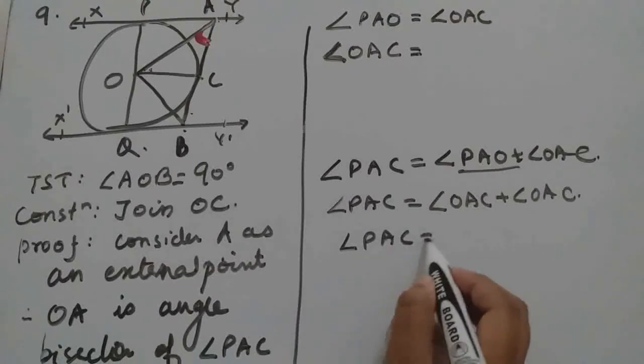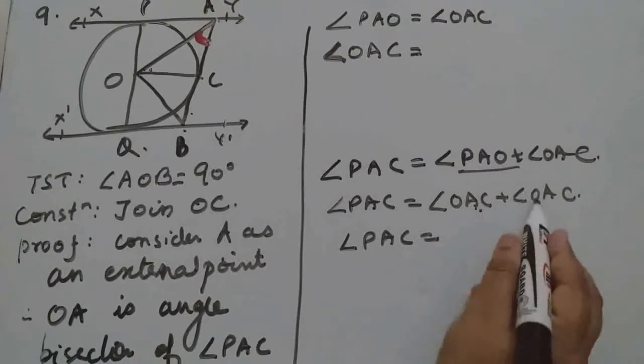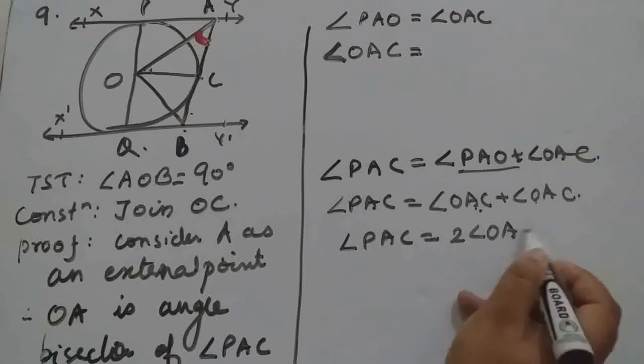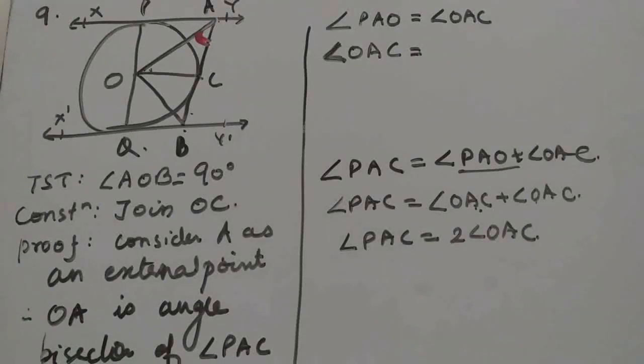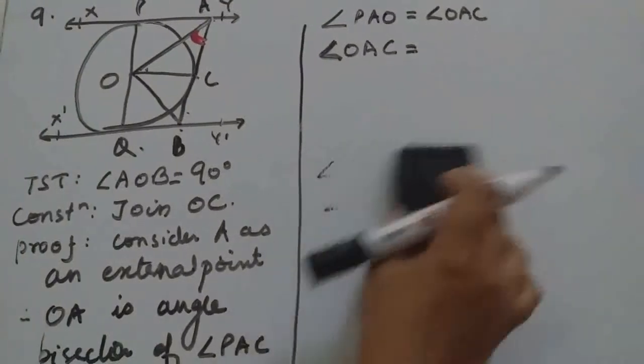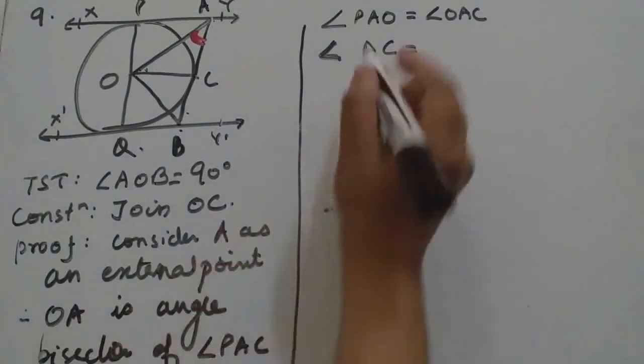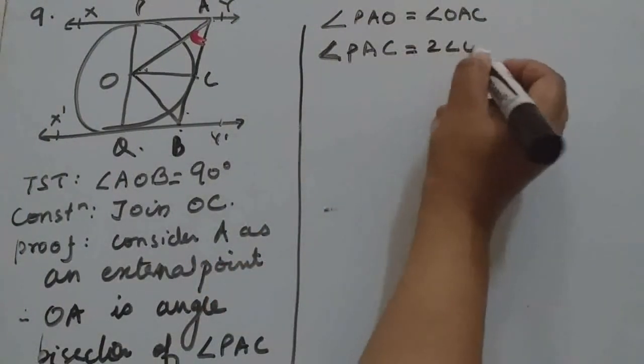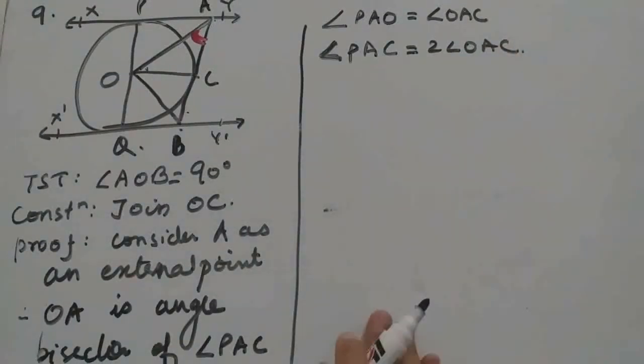So PAC is OAC plus OAC, twice of OAC. So we can write PAC is twice of OAC.